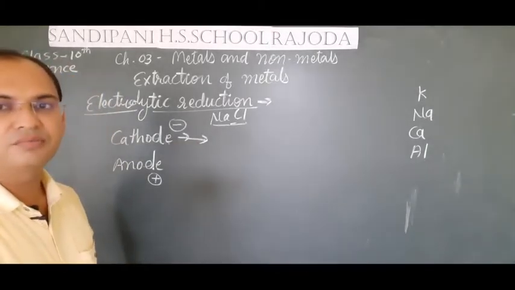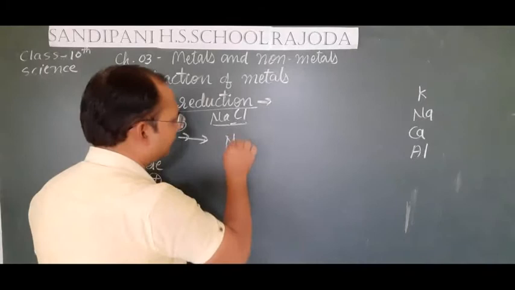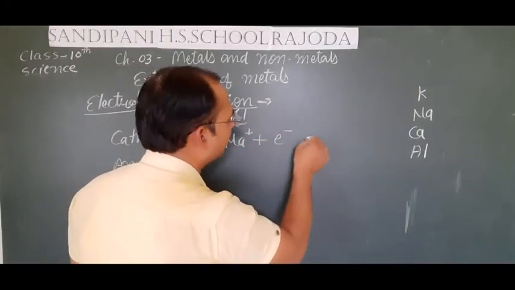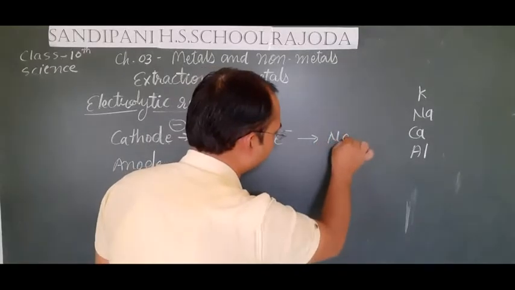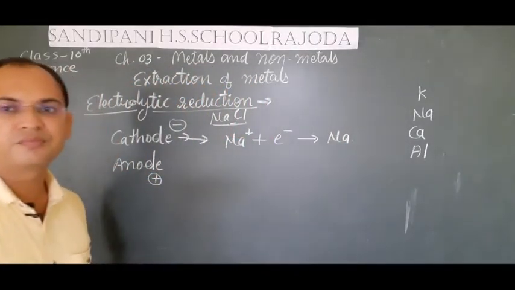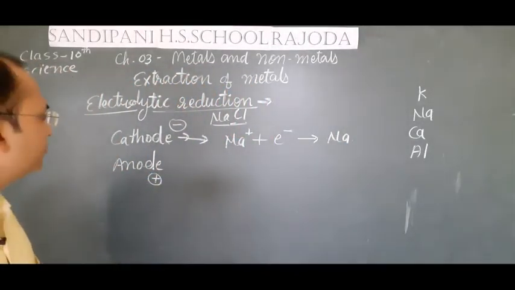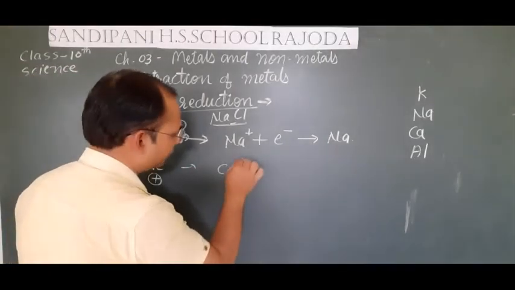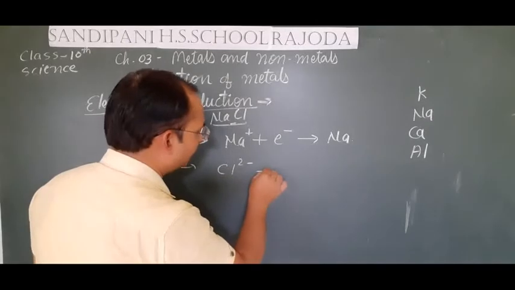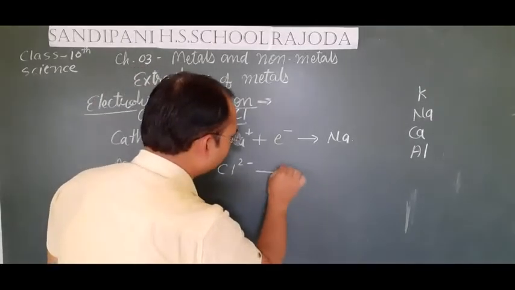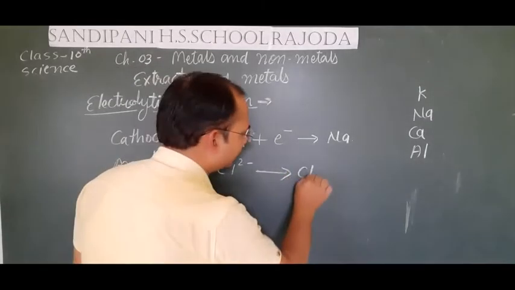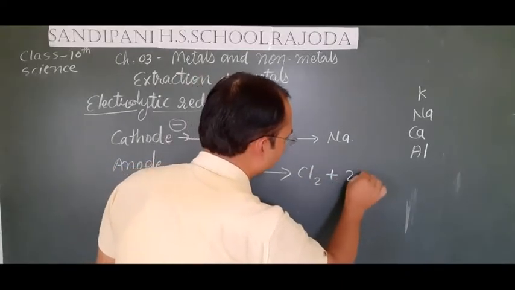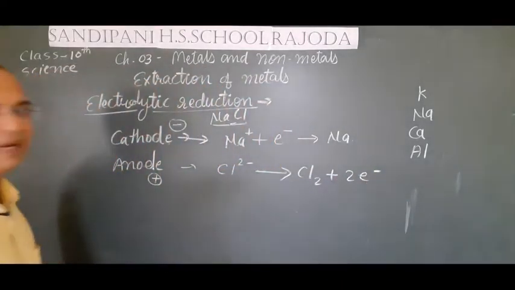At the cathode, the sodium ion, that is Na+, by accepting one electron gets converted into sodium, and at the anode, the chloride ion, Cl minus, loses electrons and gets converted into Cl2 plus 2 electrons.